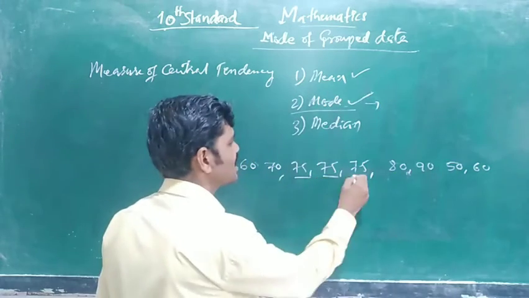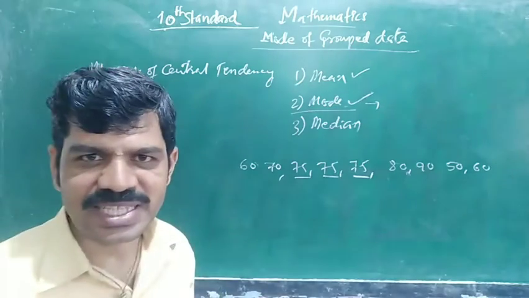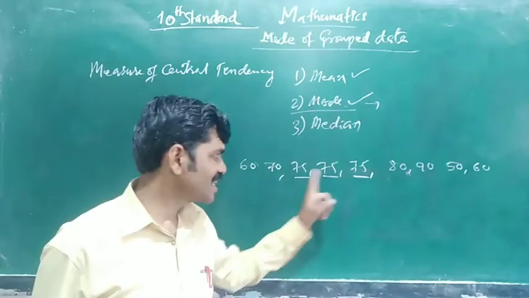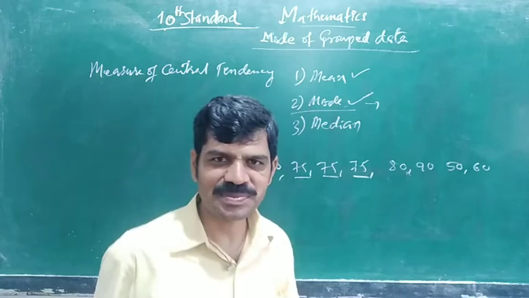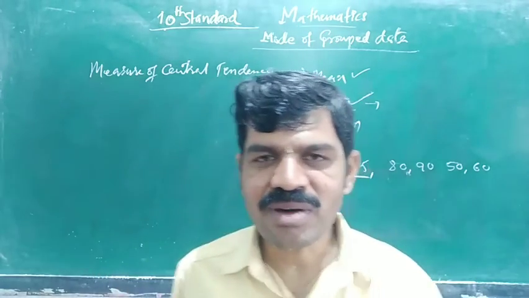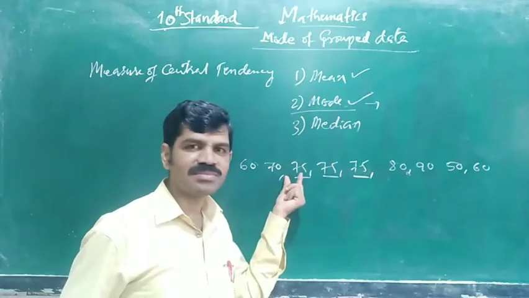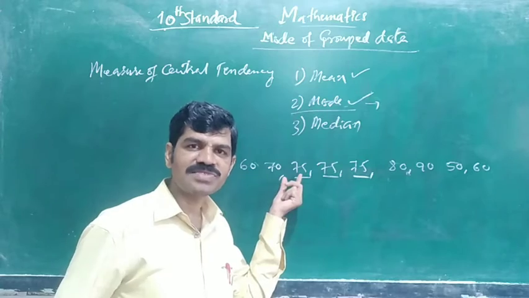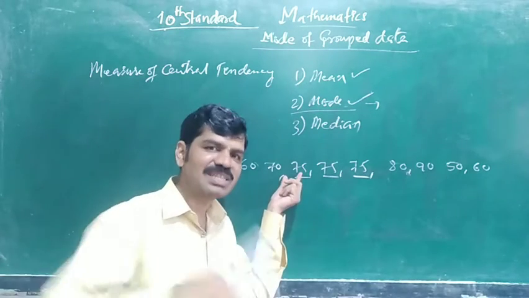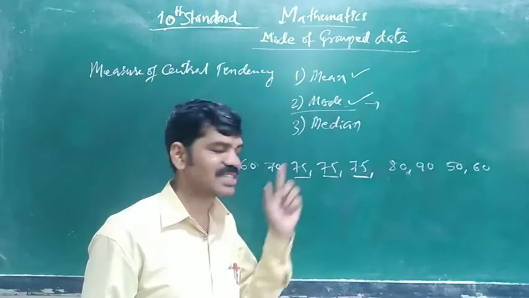See here, 75 is a number which has repeated 3 times. So the number of times one number is repeated will be called the mode.